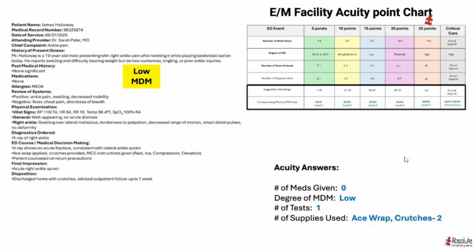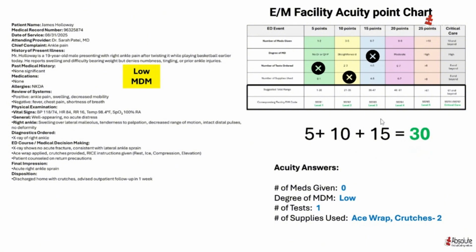So I'm going to use my acuity point chart to score it. Number of meds given is 0. There's no option for 0, so we're not going to score it. The degree of the MDM is low. The number of tests ordered, 1. 1 x-ray ordered. The number of supplies used, 2. So let's add it up. This column, the total is 5. This 10-point column, the total is 10.